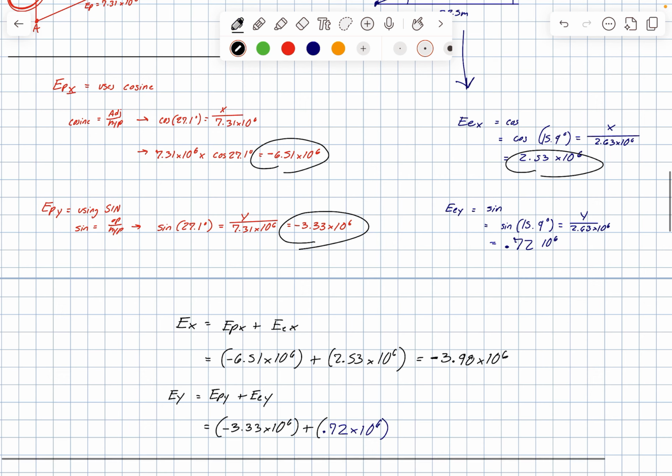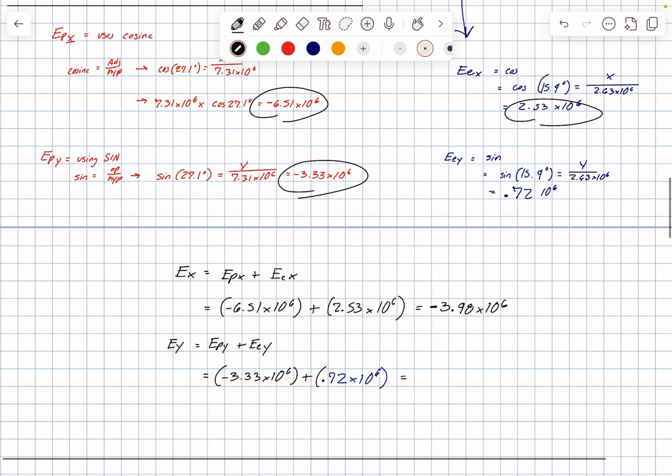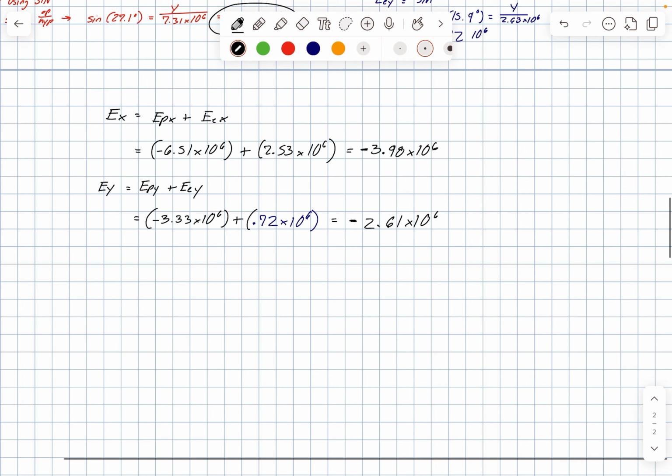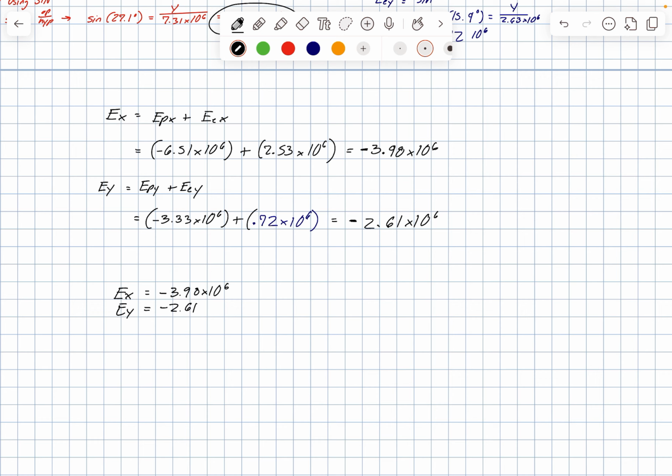Okay, and when you add those together, you'll get the value of negative 2.61 times 10 to the 6th. So again, our total x component is equal to negative 3.98 times 10 to the 6th, and our total y component is equal to negative 2.61 times 10 to the 6th.